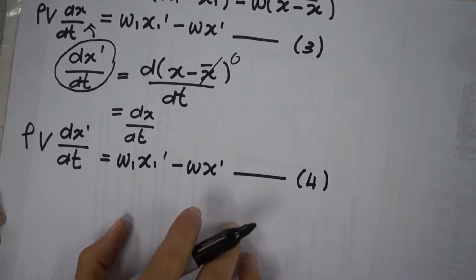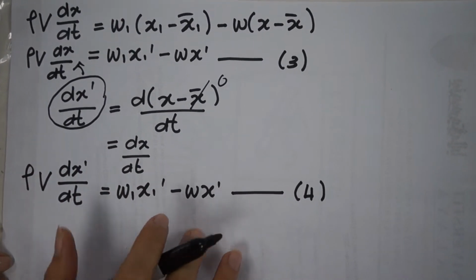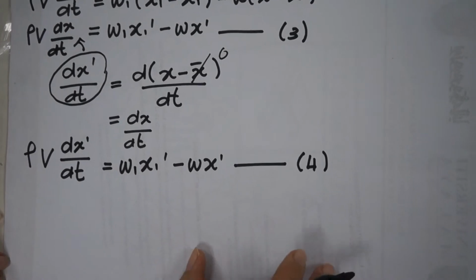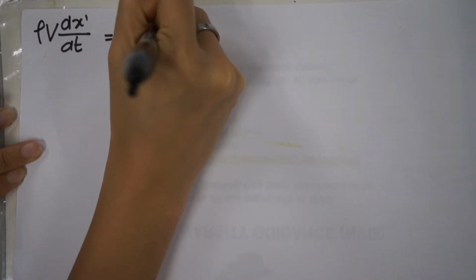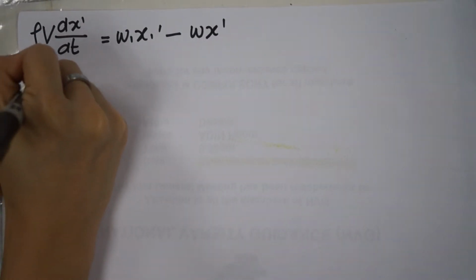What we would like to do now is to transform this entire equation using the Laplace transform. I think I'm running out of space. So, the Laplace transform for this equation, you should get this.